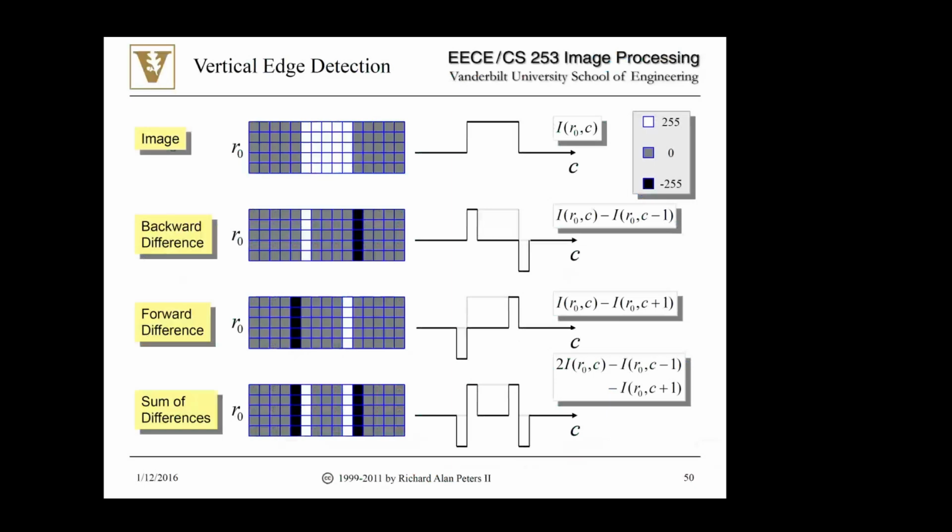So you have zeros, 1, zeros, and then 0 minus 0, so all the time is 0. When you reach the edge, you have 1 minus 0, so the result will be 1. And then you will have 1 minus 1, the result will be 0. At this point, you have 0 minus 1, so it will be minus 1, and then 0 again. So if you go in this direction, you have a couple of passes. One when you reach the edge, another one when you leave the edge.